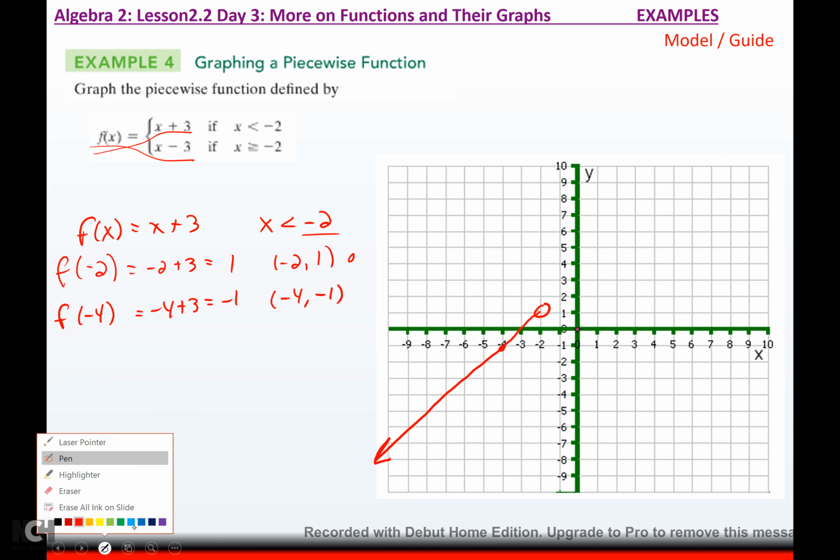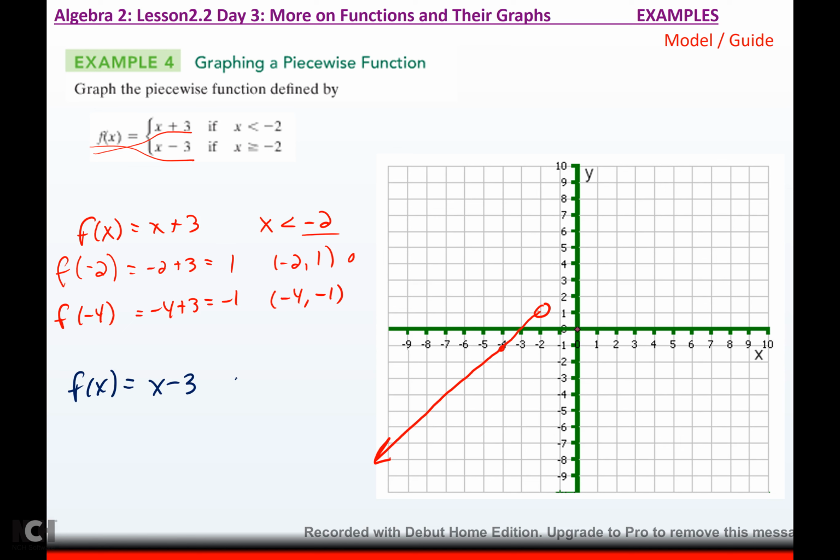So now to graph f of x equals x minus 3 if x is greater than or equal to negative 2, I'm going to pick negative 2 and give it a closed circle this time. Negative 2 minus 3 is negative 5, so negative 2, negative 5 is going to get a closed circle.